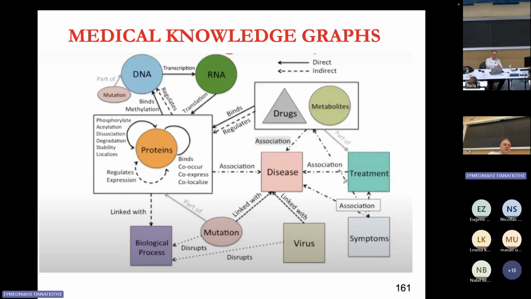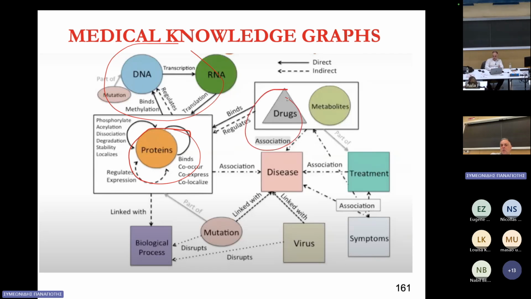And now the last part, which is the thing that I have worked on in the last 5 years, the medical knowledge graphs. As you can see here, we have graphs. Instead of having users, items, genres, movie genres, etc., we work with this kind of things. From biology, we have the DNA, the RNA, the proteins. This is the protein-protein interaction network.